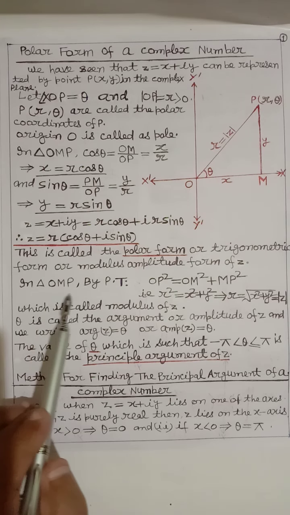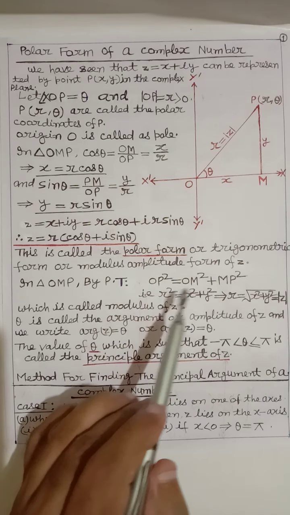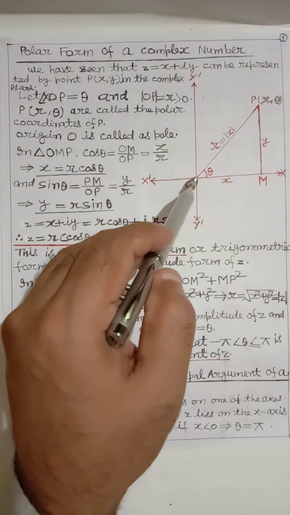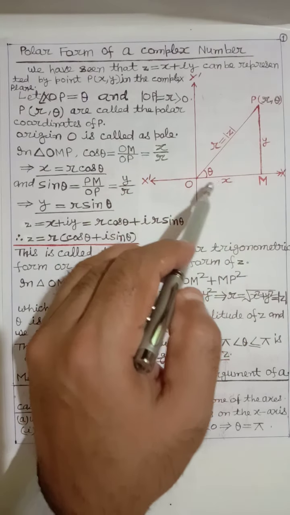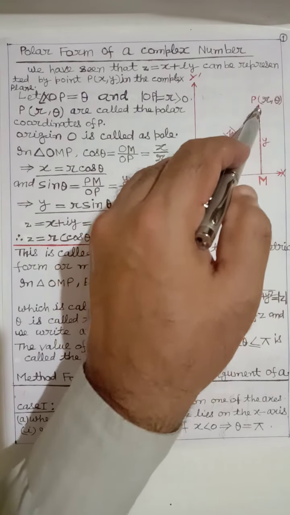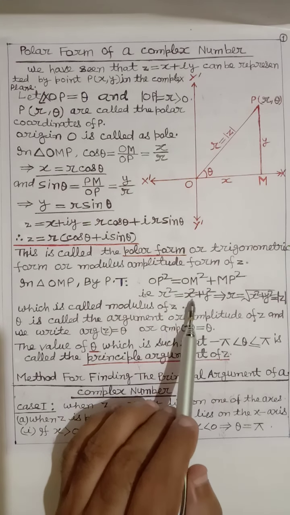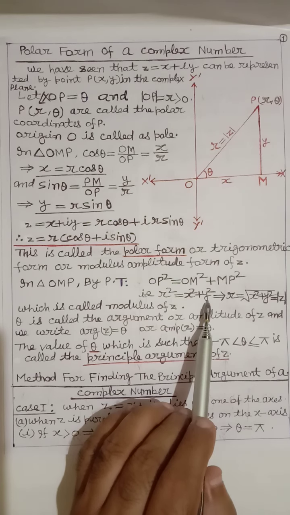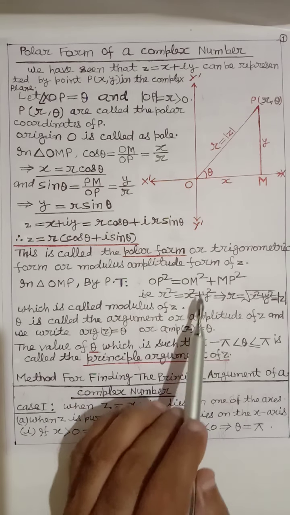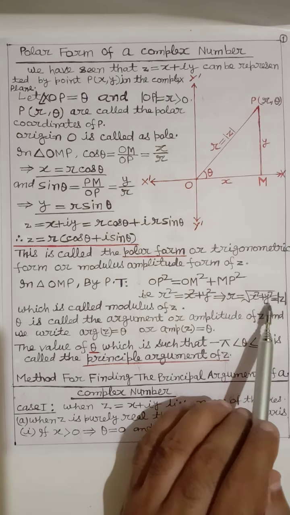In triangle OMP, by Pythagoras theorem, OP square equal to OM square plus MP square, that is r square is equal to x square plus y square, and r equal to square root of x square plus y square.